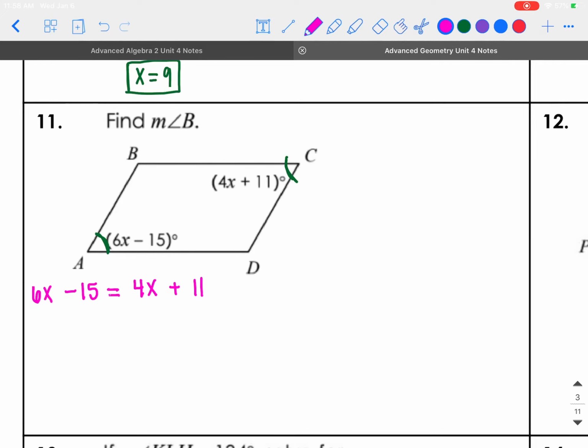If I subtract 4x from both sides, I get 2x minus 15 equals 11. And then I can add 15 to both sides to get 2x equals 26. And divide by 2, we get x equals 13.